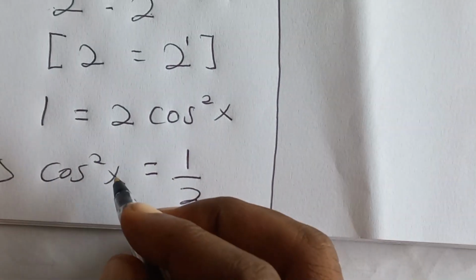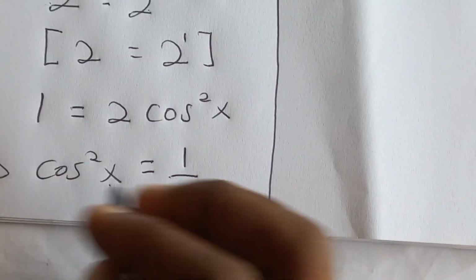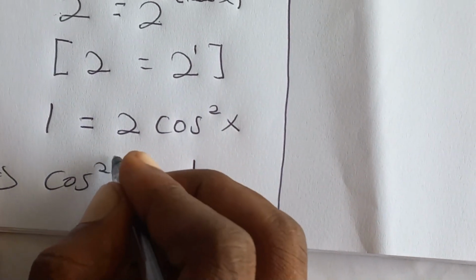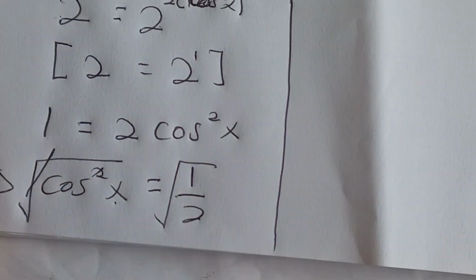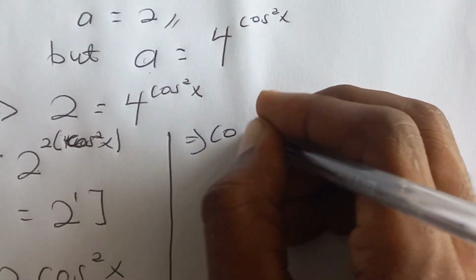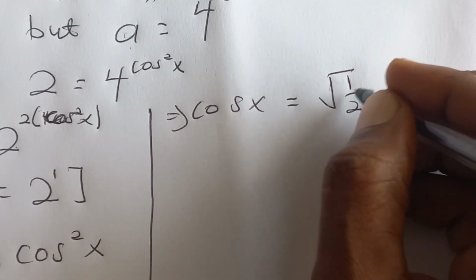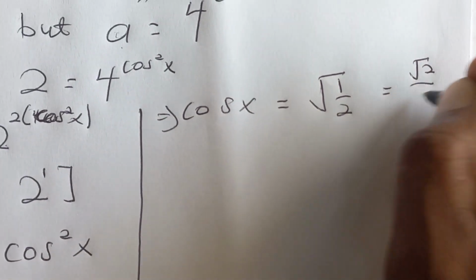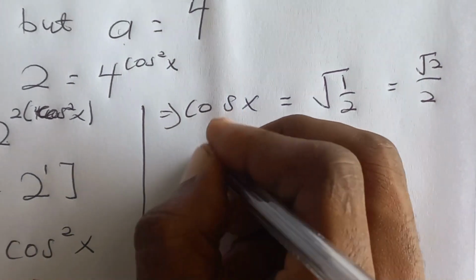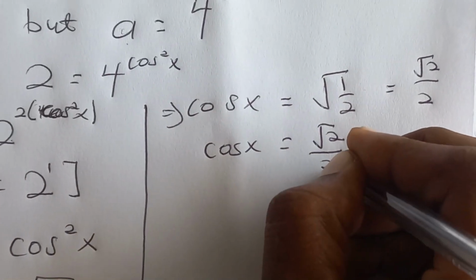Okay, but don't forget we are still looking for x. So in this case, we can take the square root of both sides. So the square will cancel the root, leaving cos x is equal to root 1 on 2. And when you rationalize this, we are going to get root 2 on 2. So cos x is equal to root 2 on 2.